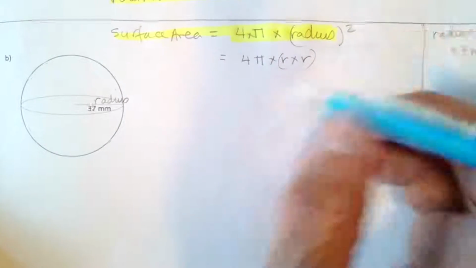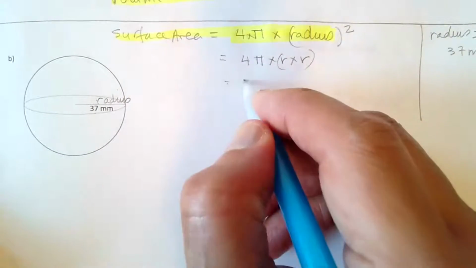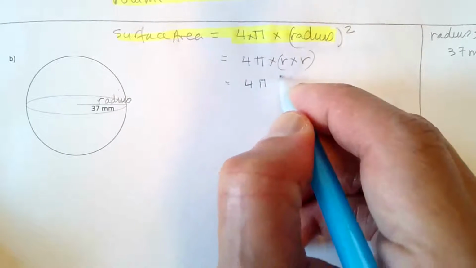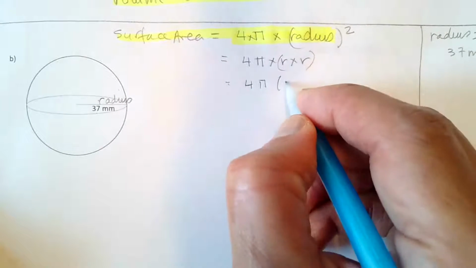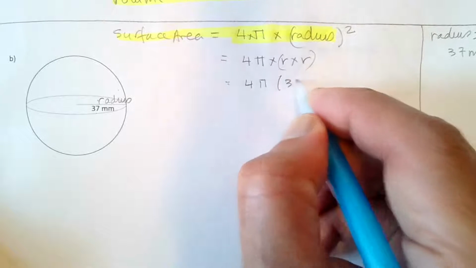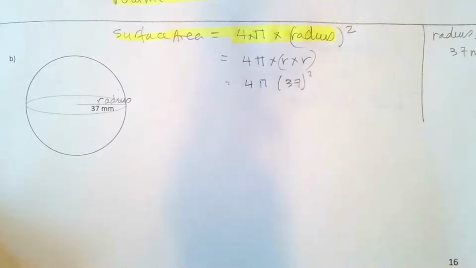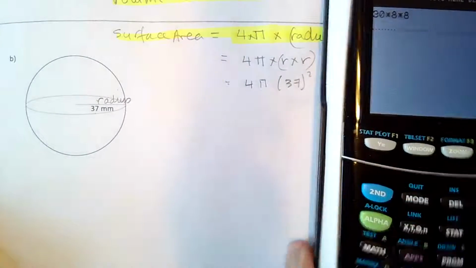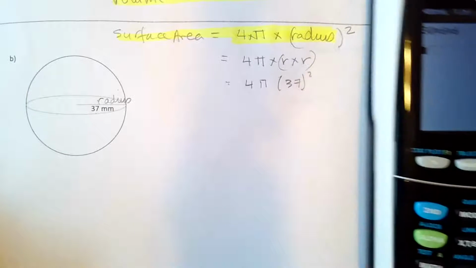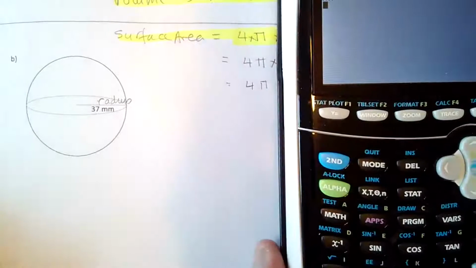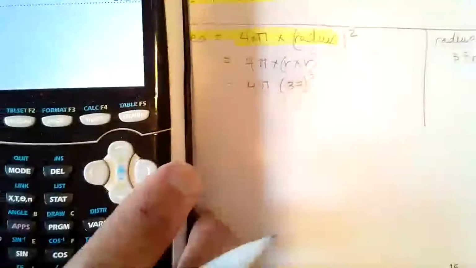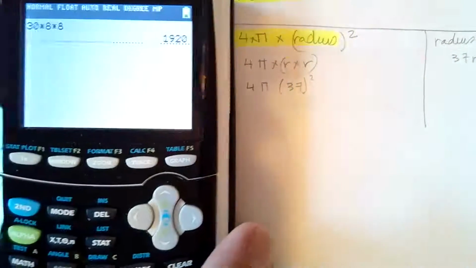So this gives us 4 times pi times the radius, which is 37 squared. Now I go to my wonderful calculator to do some work.